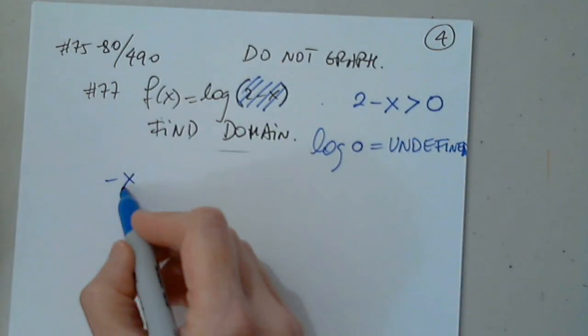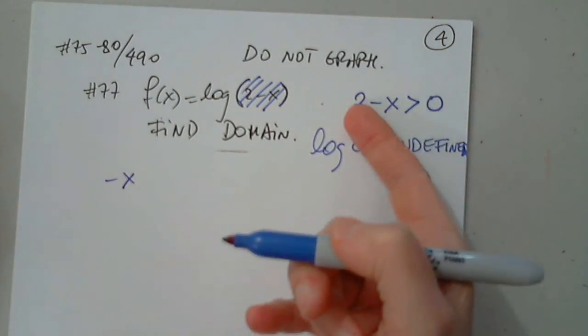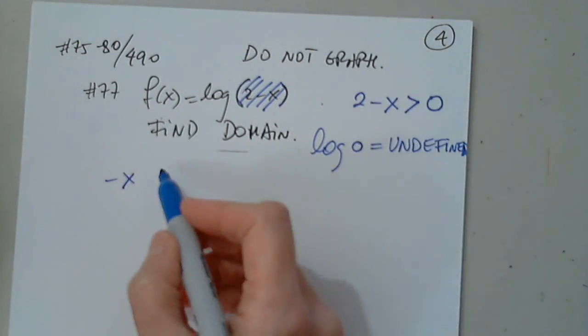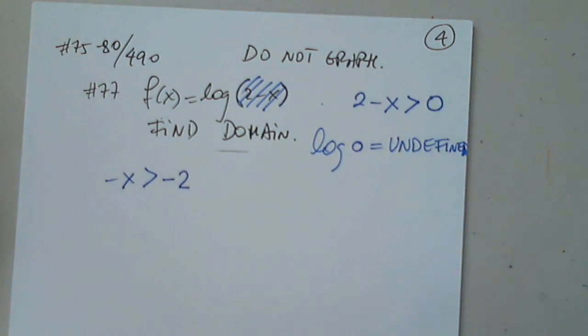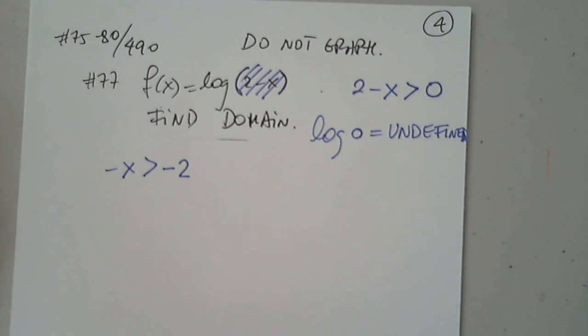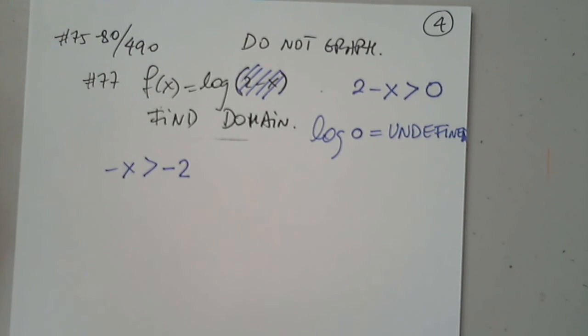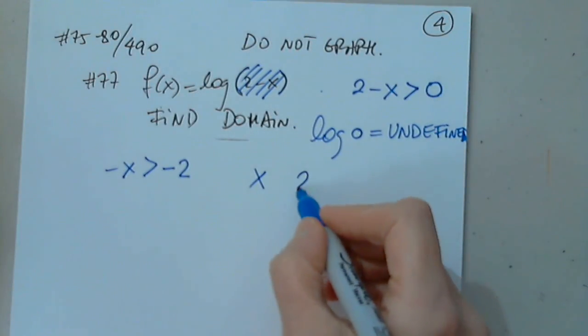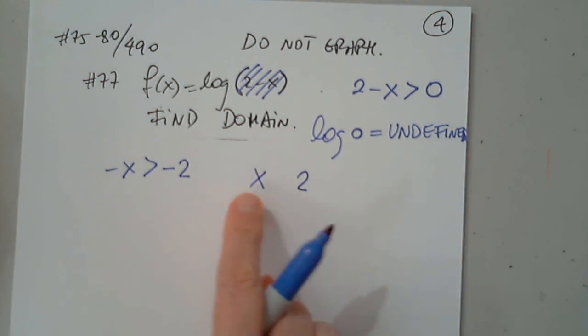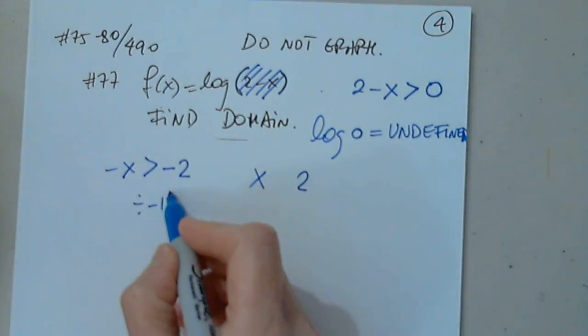So negative x, move 2 to the other side. When I move a term from one side to the other, all I need to do is change its sign. How do we solve this? What do I have to do to both sides to solve this inequality? Divide by -1. Okay, so then I have 2. What happens with the inequality symbol when I divide both sides by -1?